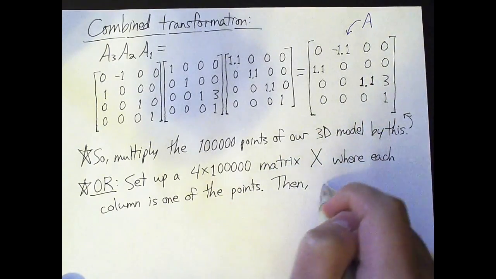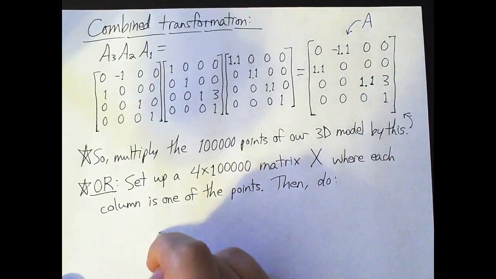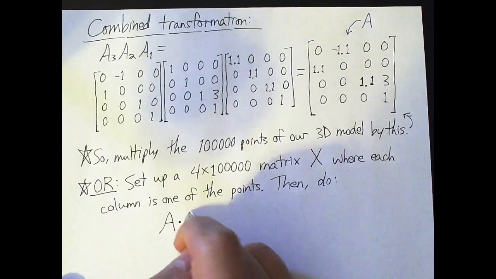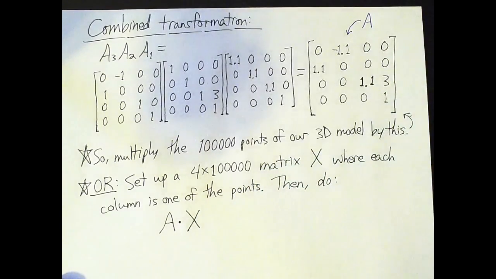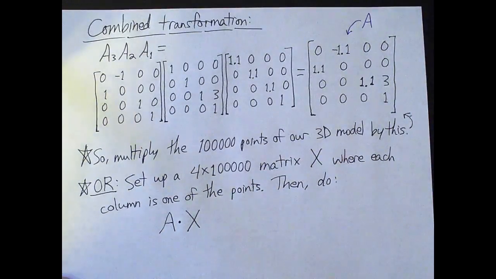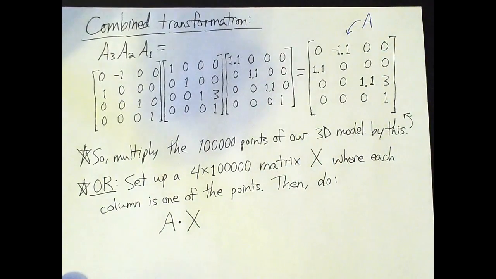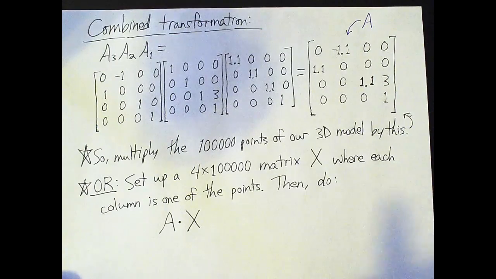Then do A times X. This actually performs the transformation to all of the points at once.